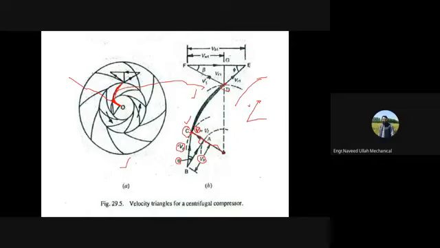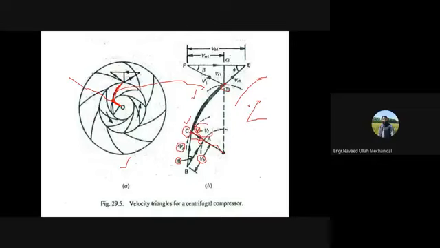Let's say the velocity is directed like this, so obviously we'll be having two components. One will be a radial component and the other one will be a tangential component, right? So this is not the case over here. So the whole of this velocity will then be the velocity of flow.